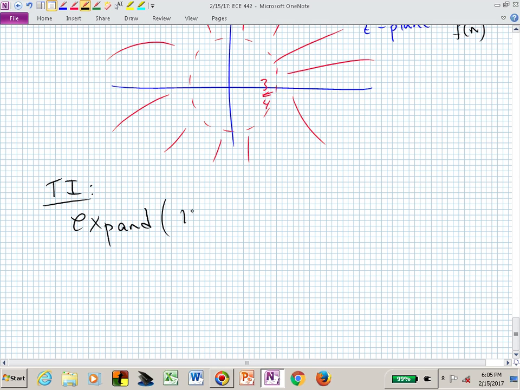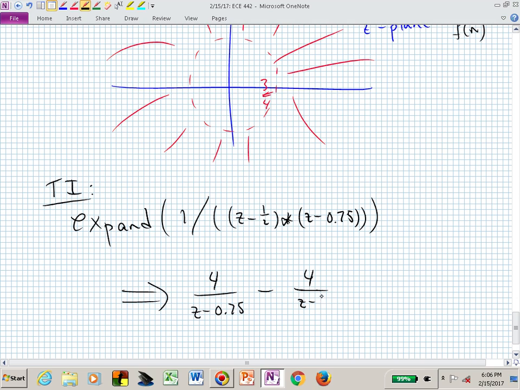You could say something like 1 over z, and now it is 1 over, because I'm trying to expand F of z over z, z minus 1/2 times z minus 3/4, and that should give rise to the answer, which it might spit out in a different order, but it might do something like that. Oh, and it probably won't give it in the ratio form, will it?